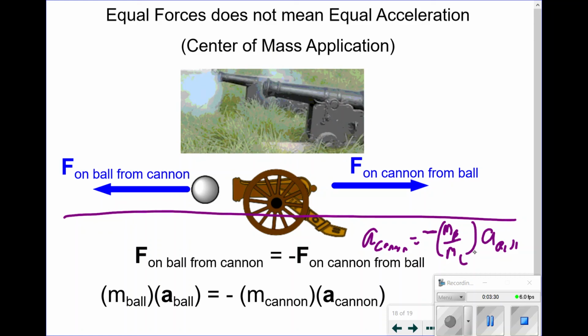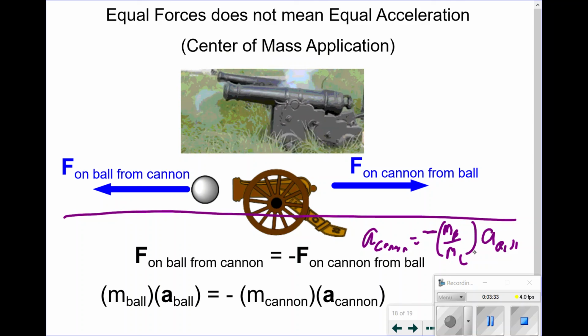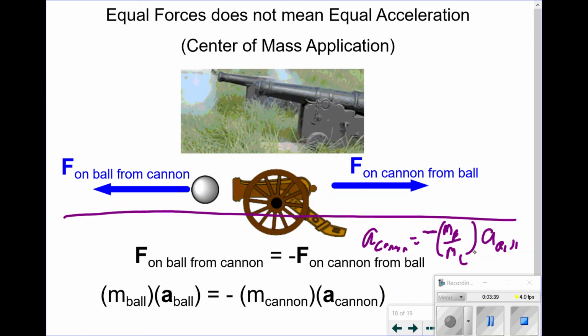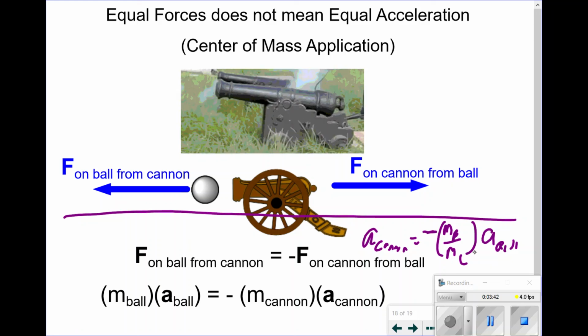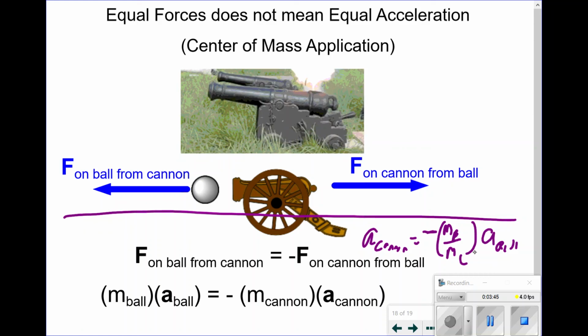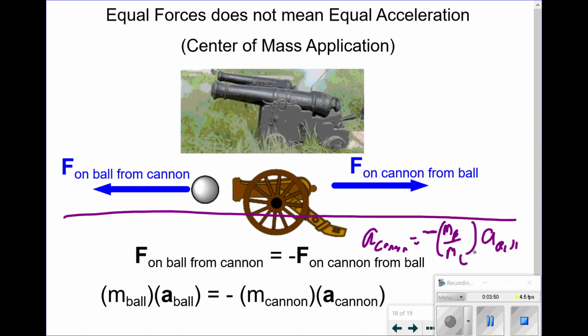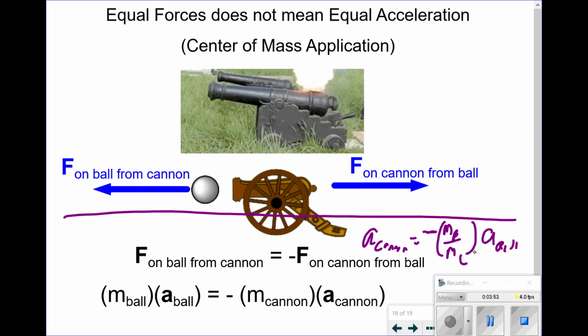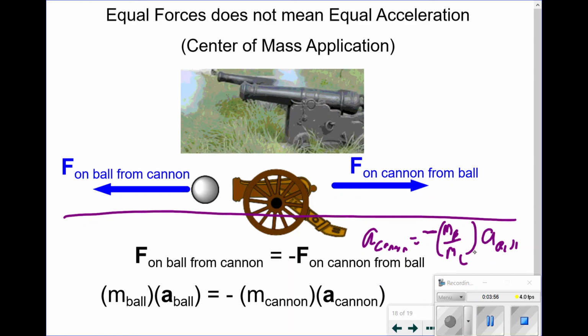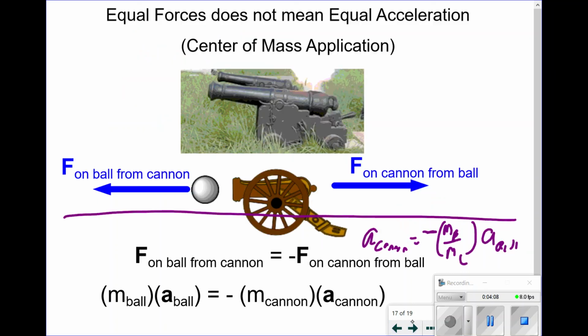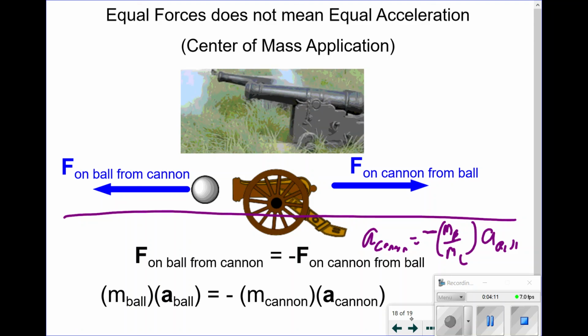So that means if the cannon was 5 times more massive than the cannonball, the acceleration during the firing would be 1/5 that of the ball, which makes sense because with 5 times the mass, I have 5 times the inertial resistance to the forces pushing on me. So I'd have 1/5 the acceleration. And since I have 1/5 the acceleration, I would definitely not speed up as much nor travel as far either. So we see a linking between center of mass and Newton's third law.